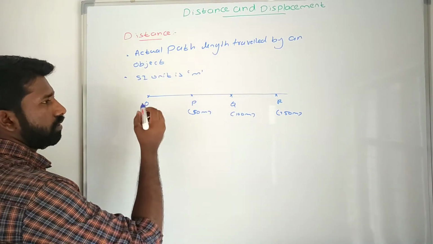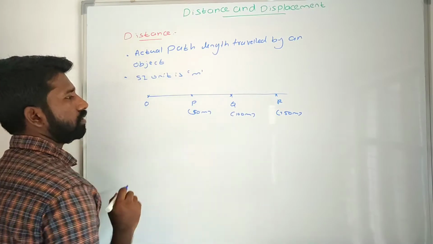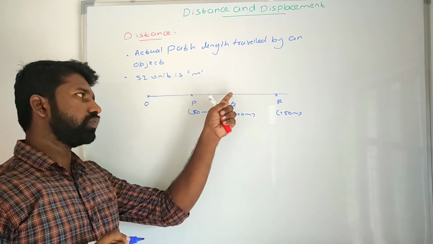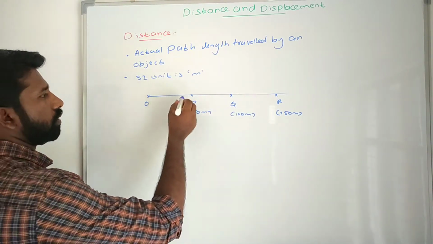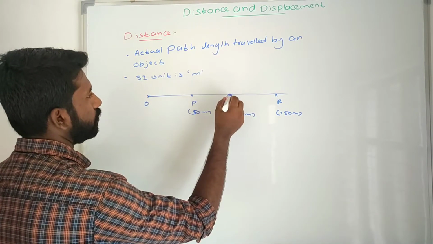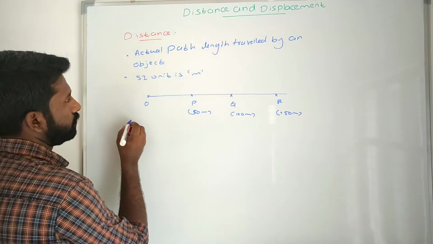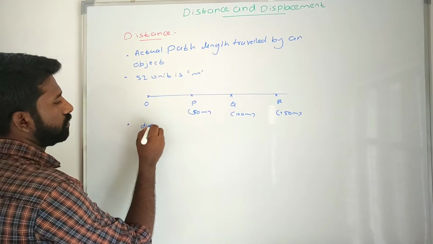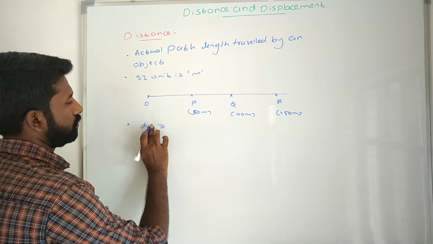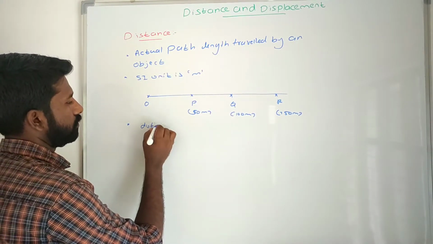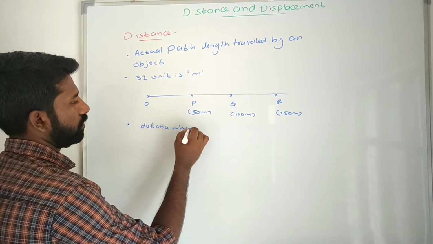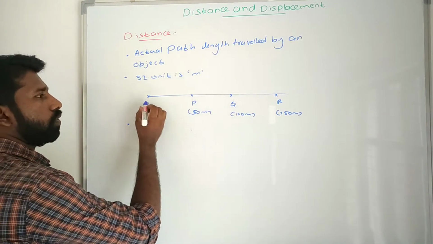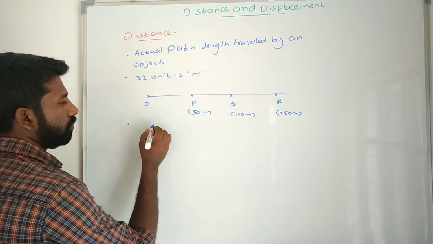Okay, clear? I need to find the distance traveled by an object. If an object moves from O to Q, then comes back to P, what distance will you get?